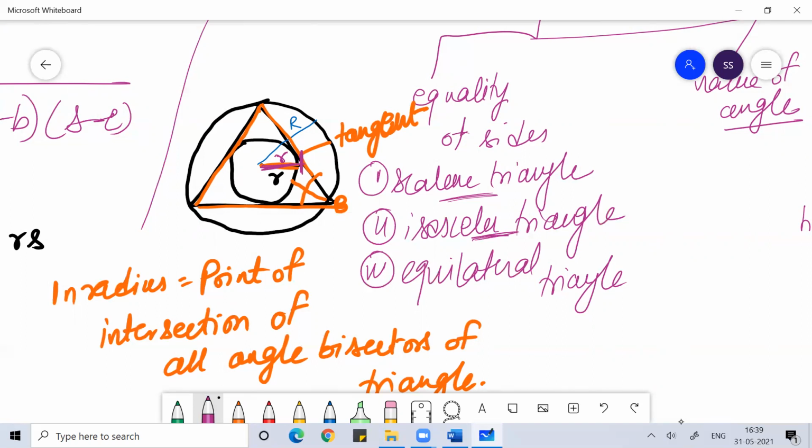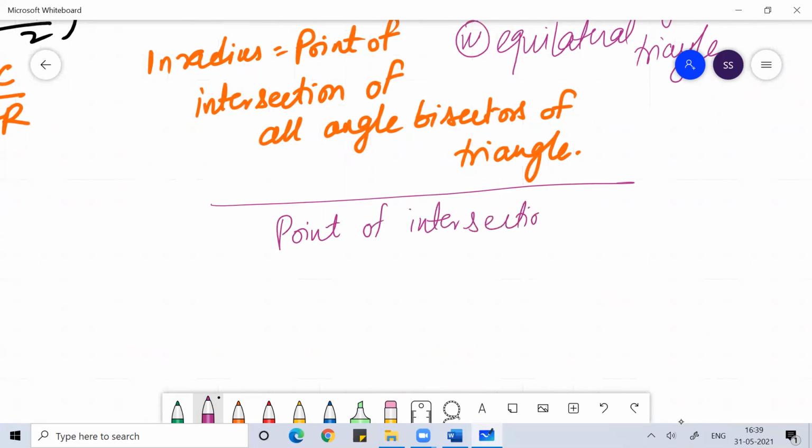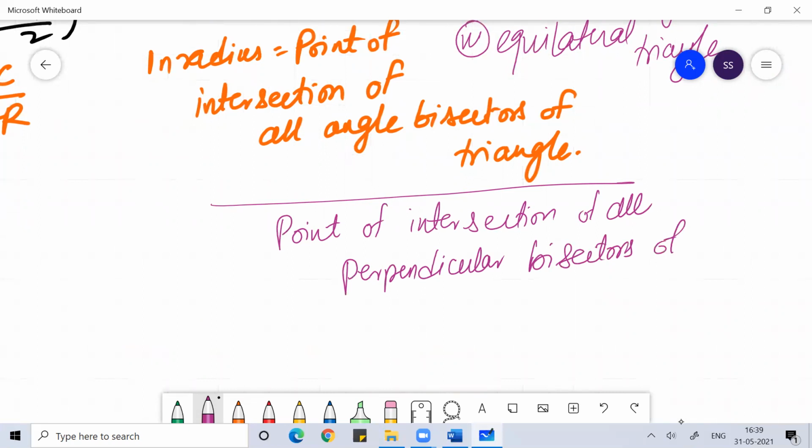This circle is called an incircle, and its radius is called the inradius. Similarly, if you see the point of intersection of all the perpendicular bisectors of the sides of a triangle, you see the point where all the perpendicular bisectors meet.